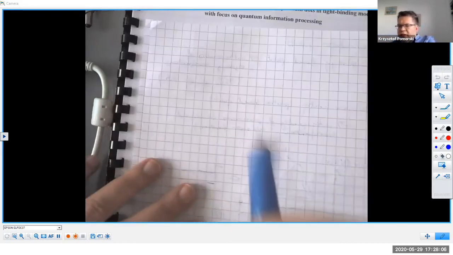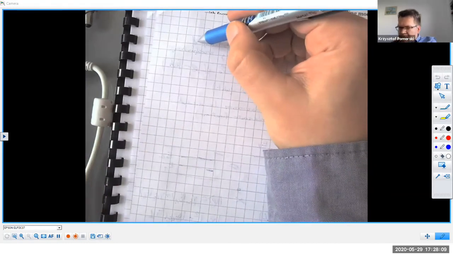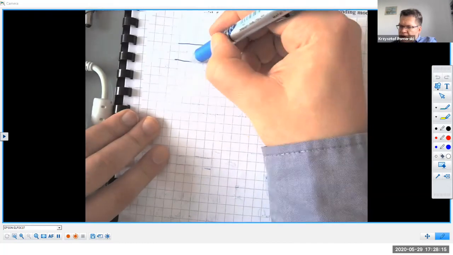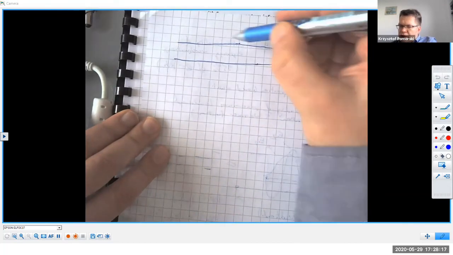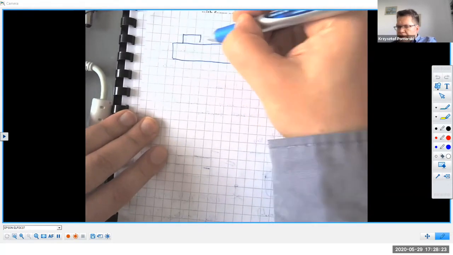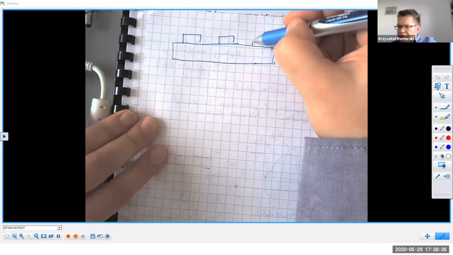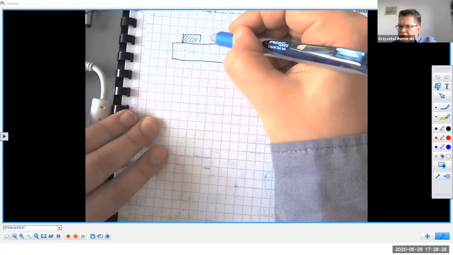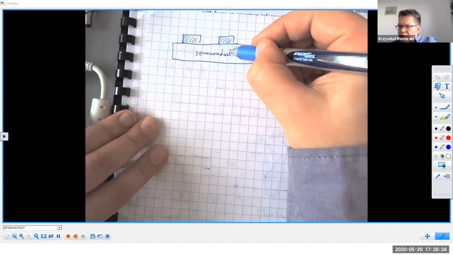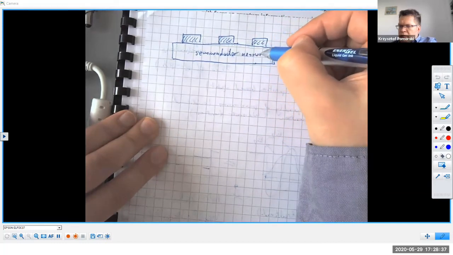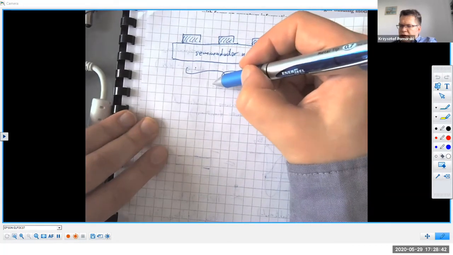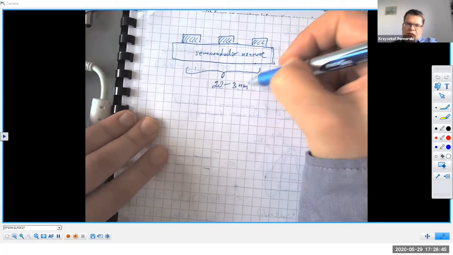Essentially, what happens is that you might have a semiconductor nanowire, and you are placing some insulators: insulator, insulator, insulator, with the semiconductor nanowire, and this kind of distance can be, let's say, from 20 to 3 nanometers, depending on the technology.